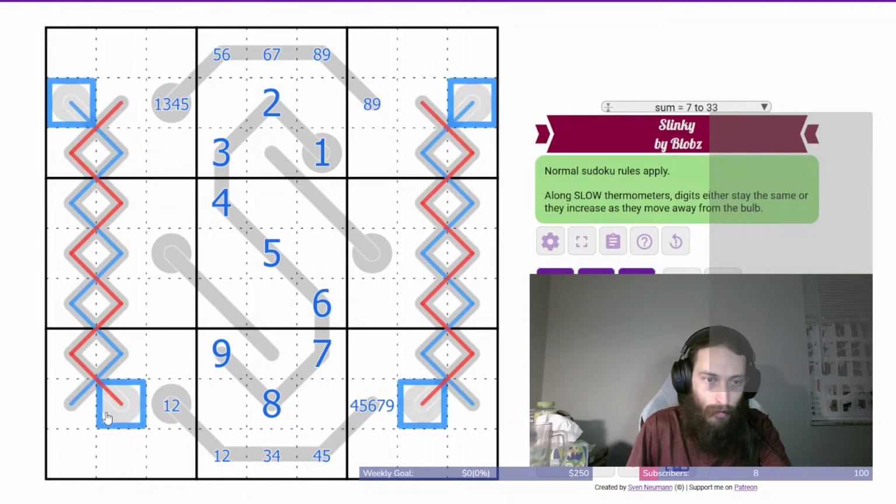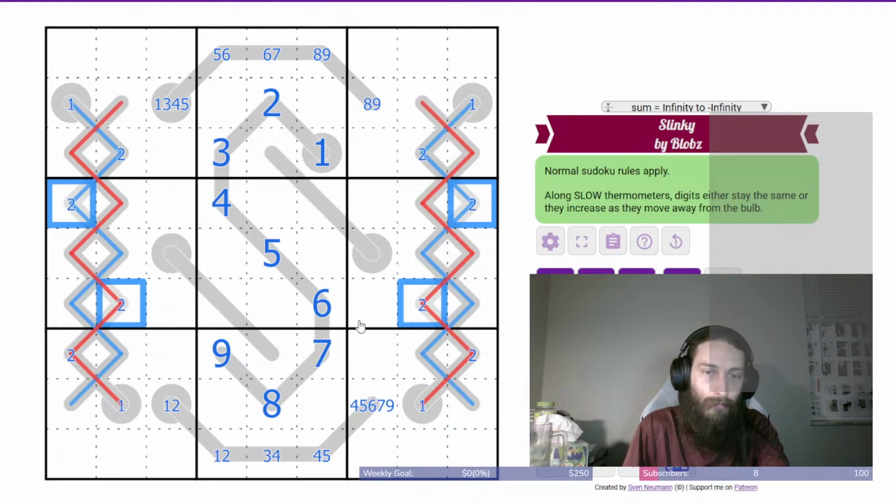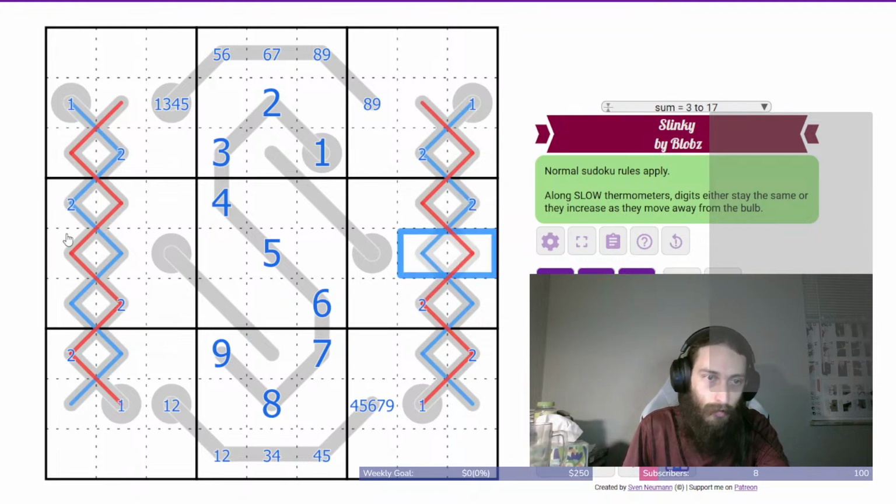Alright, well, I think all of these operate the same. So that would be 1, followed by 2, which can then also be followed by a 2. But then the next digit after that 2 would be a 3.